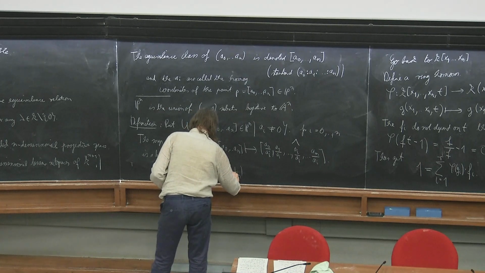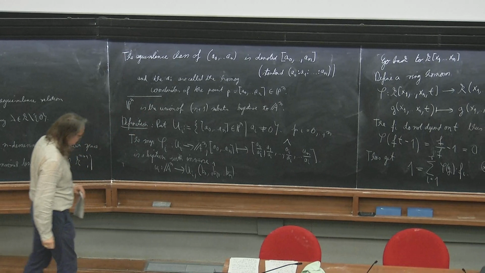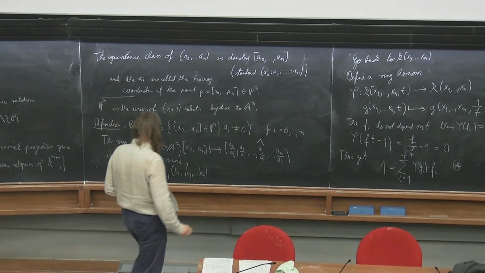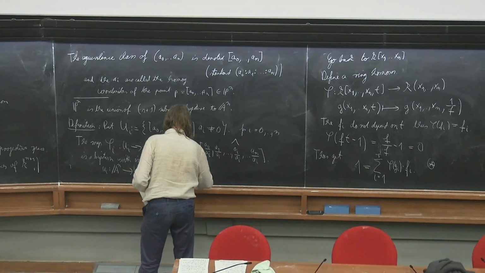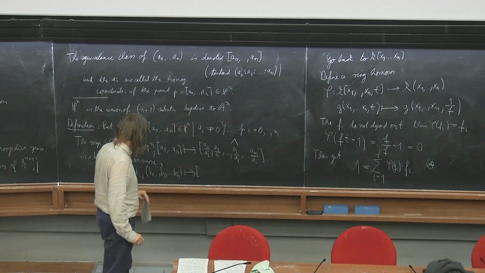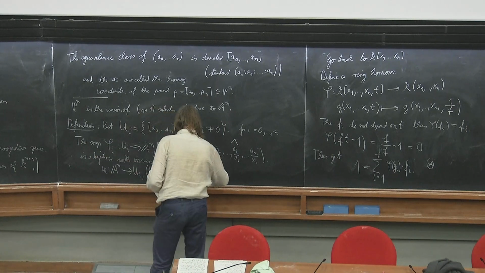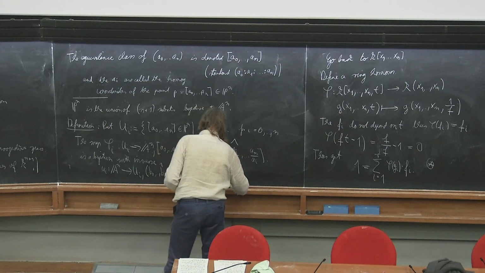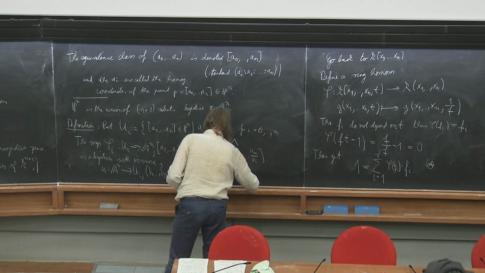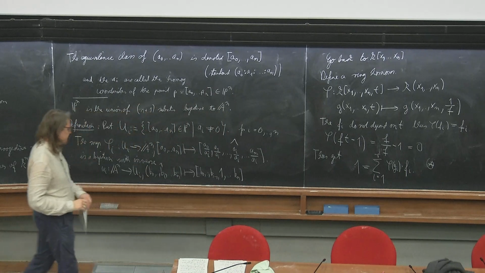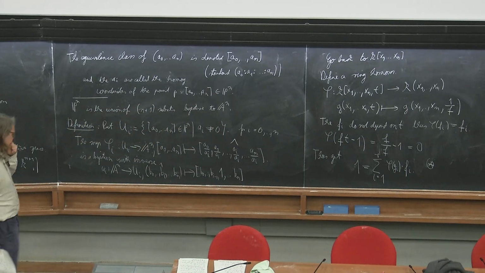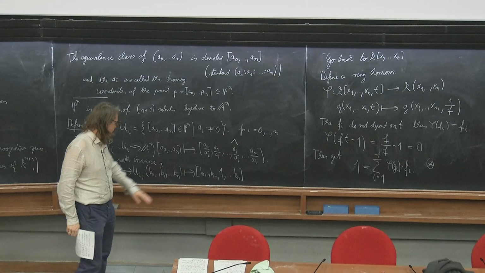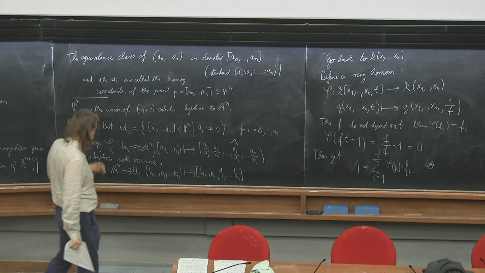So the n components, the one with the index i is not there, and this is sent to the element in projective space where I have the same B0 until B(i-1), and for Bi I put 1, and then I get everything until Bn. And you can see that these are inverse to each other.